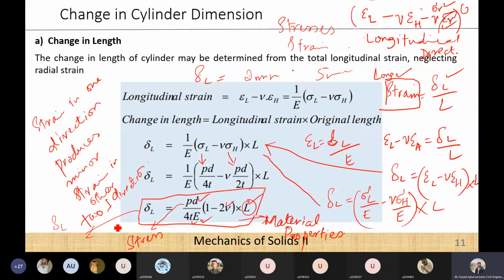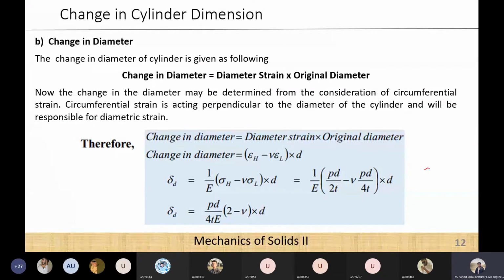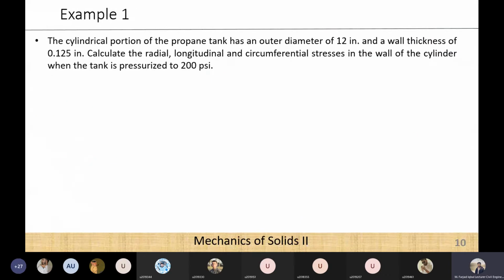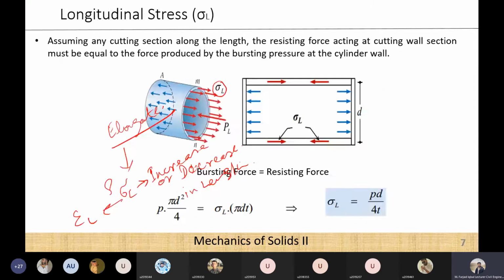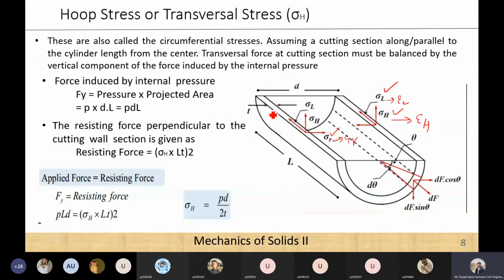Now in the same way, we have a small derivation for change in diameter. One thing we have done was change in length. Now for change in diameter, coming back onto our original figure, you can see that this hoop stress is acting in the vertical direction. So what will it do? When this stress occurs, it will try to elongate the diameter.